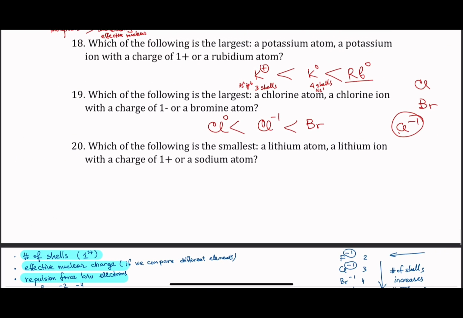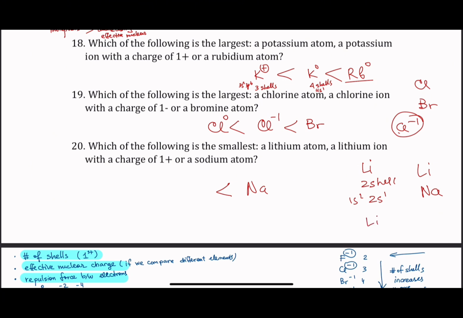And then which of the following is the smallest? Lithium atom, lithium ion, or sodium atom. So you can locate them. You see that lithium is located higher than sodium, so right away, because of the number of shells, sodium is bigger. And then lithium has two shells, because it ends with 2s1 and 1s2, 2s1.